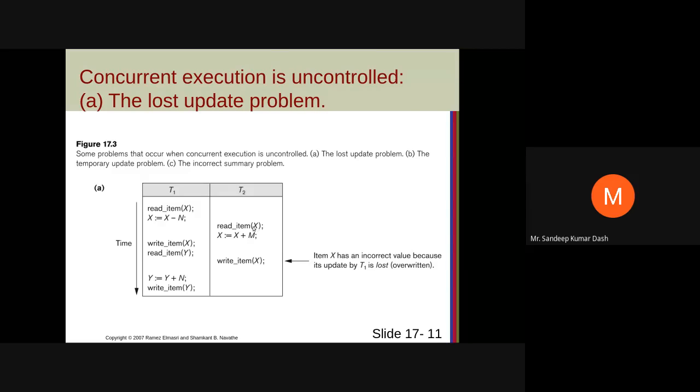Now x would have been read as 45, then 5 would have been added and it would have become 50. But now everything is kind of mixed. Whatever update this one performed is now lost, because you introduced this operation of the transaction in between your update and write.